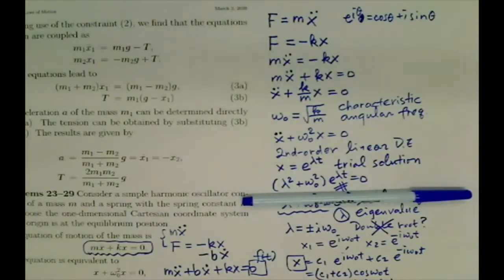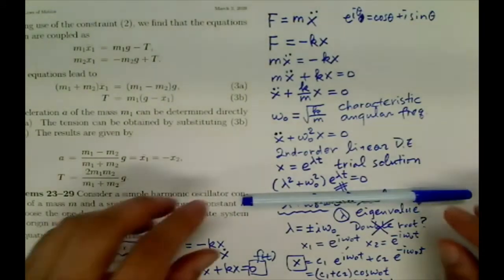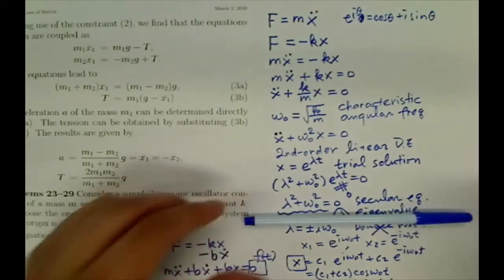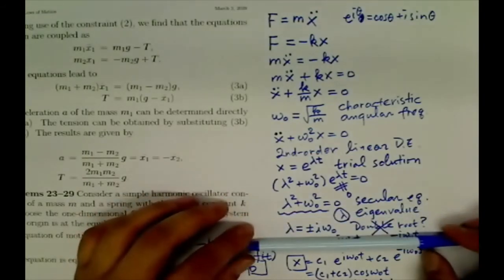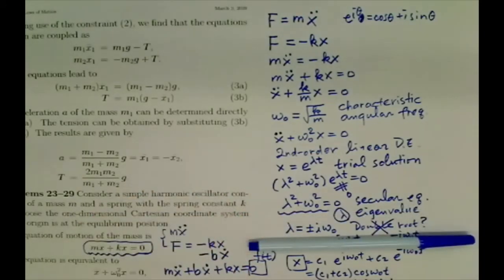So we can divide out e to the lambda t, and we end up with a simple quadratic equation. This quadratic equation is called the characteristic equation or eigenvalue equation. And the final result for the eigenvalues lambda is plus or minus i omega 0. This is the reason why we have defined the parameter omega 0 as the square root of k over m.